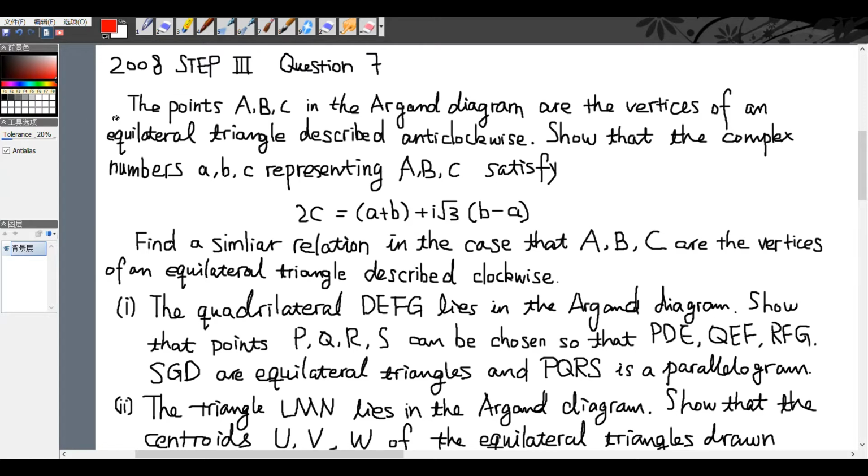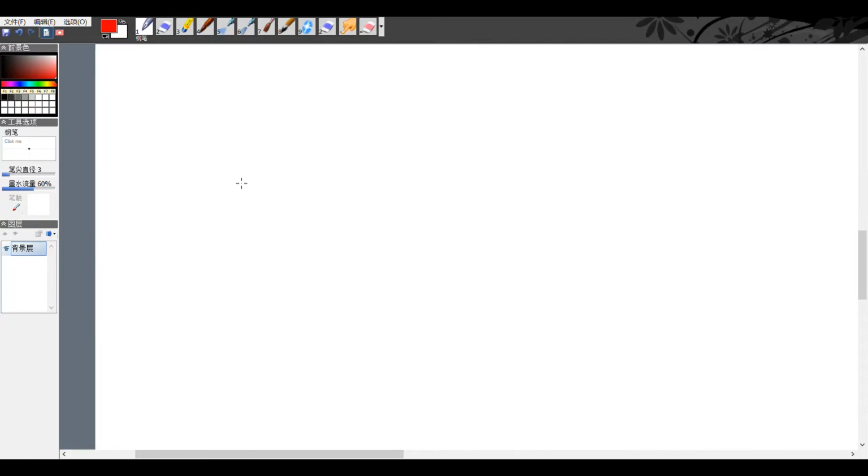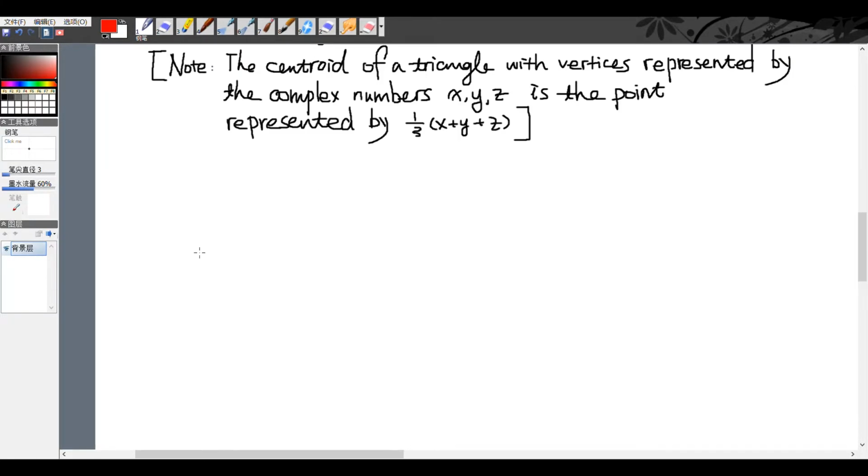So the points A, B, and C in the Argand diagram are the vertices of an equilateral triangle described anticlockwise. So we have our Argand diagram and an equilateral triangle.